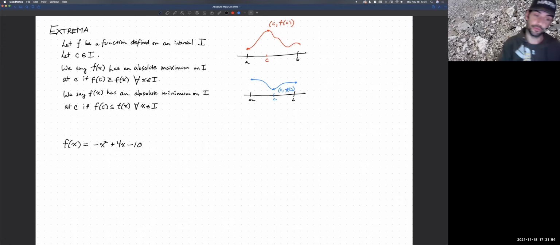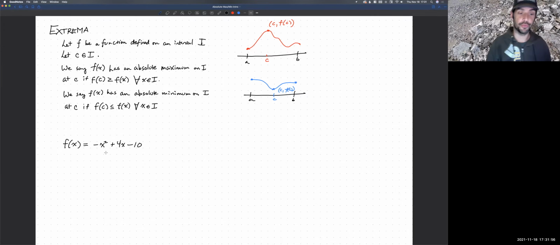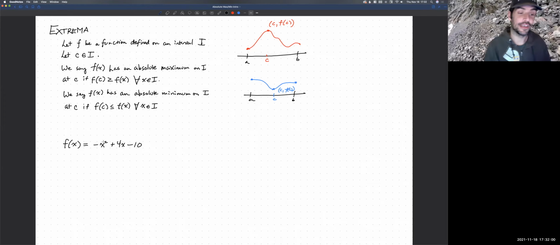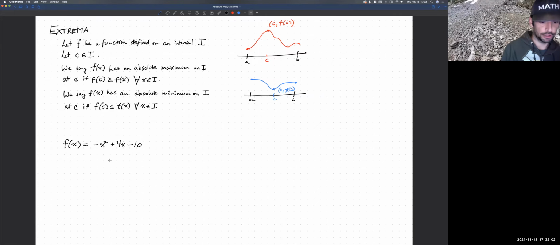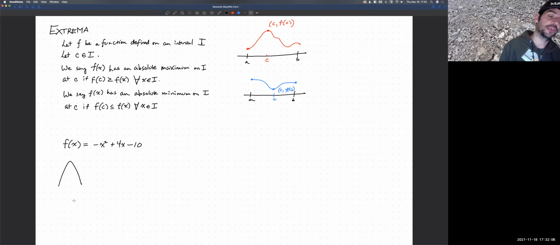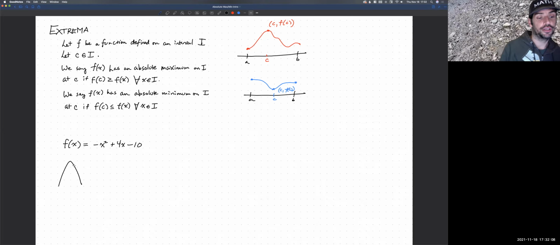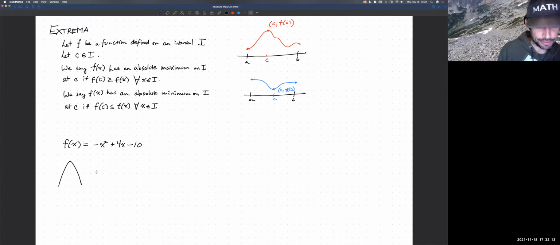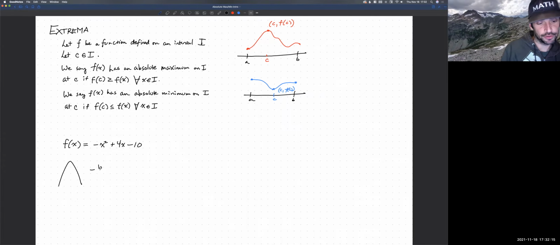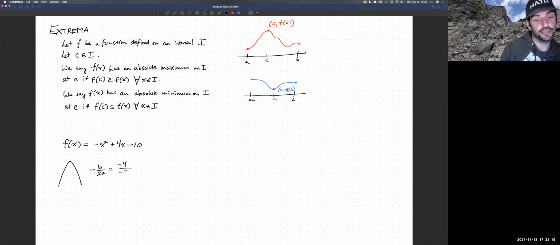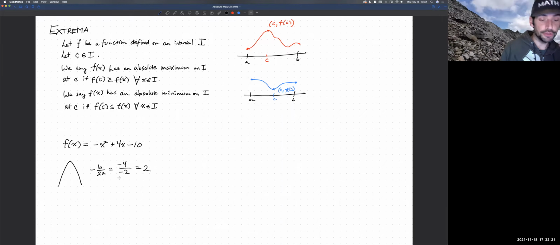And if you recall how these work, notice that we have this negative out in front of the x squared, and so this is going to open downward. And if you think about that shape, upside down parabola, well, that's going to give us an absolute maximum at the vertex. So let's see what the vertex is going to be. If you remember your vertex formula, negative b over 2a, in this case, that's negative 4 over negative 2, which is 2.